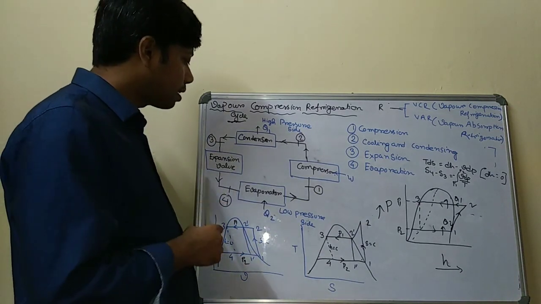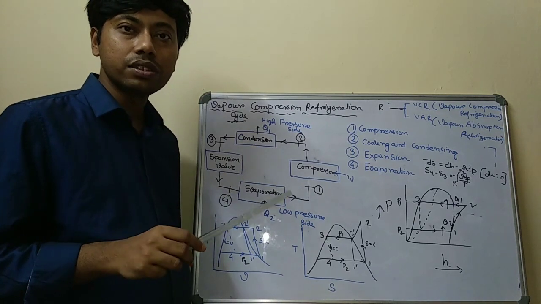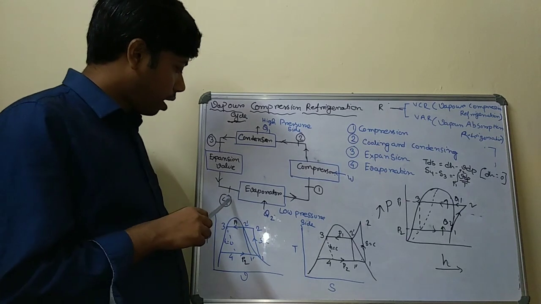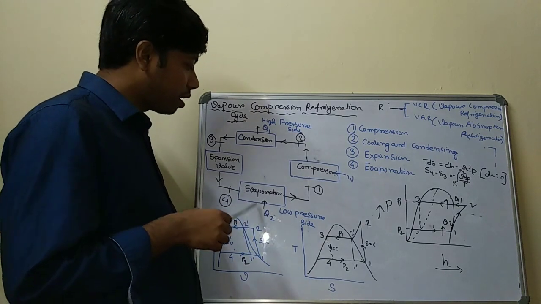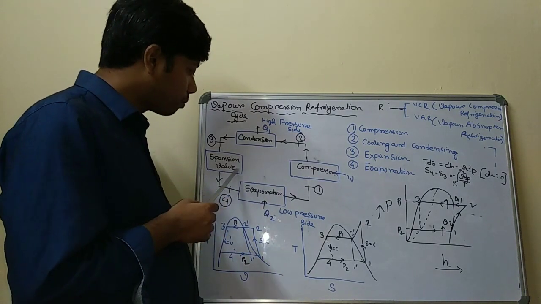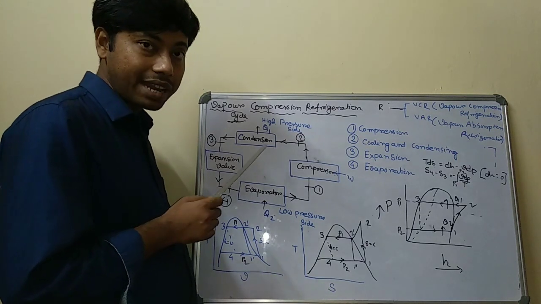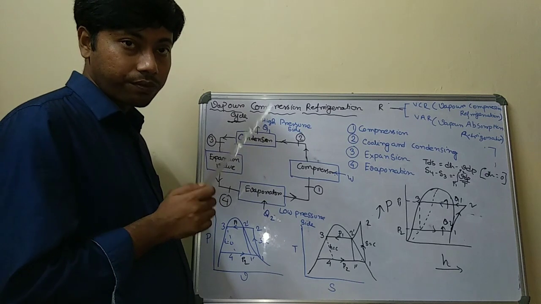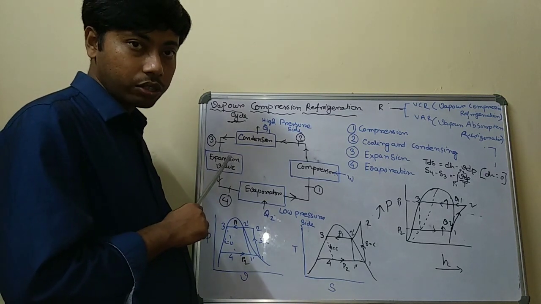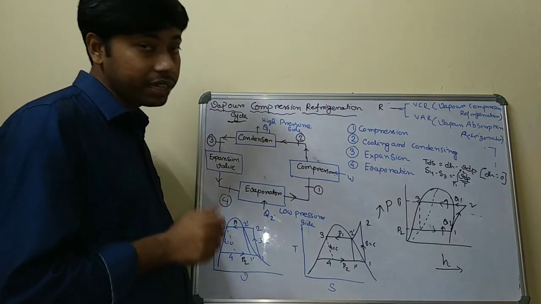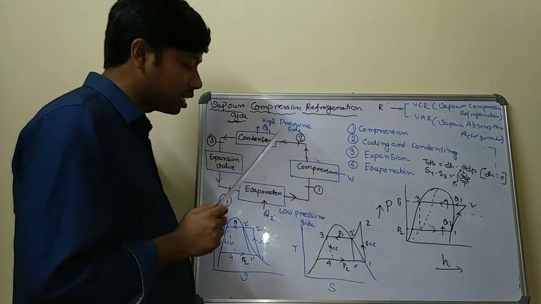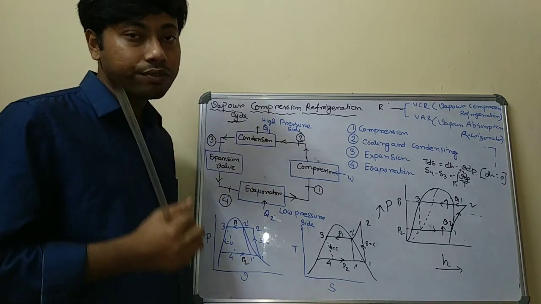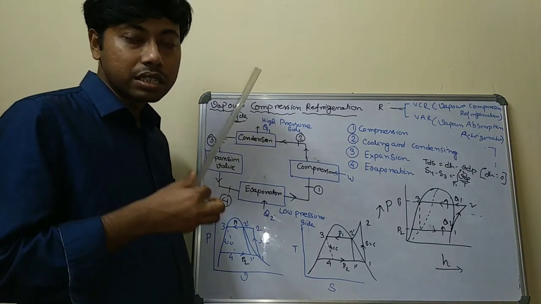The expansion valve's main function is to reduce the pressure from a high level to a low level. One more important point: the flow of refrigerant is controlled by the expansion valve, but the main refrigerating effect is produced in the evaporator. The main function of the evaporator is to absorb heat from the system.